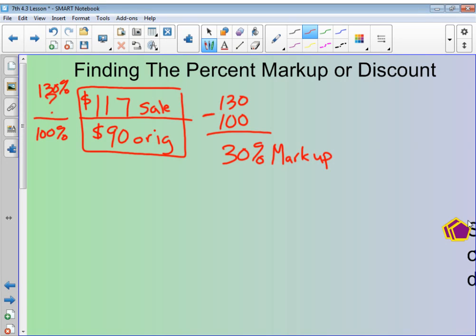If you're ever confused and you take 100 minus 130, it's going to show you negative 30 on your calculator. So the key thing is you're still subtracting between the percent that you found and 100 when you're working with markups and discounts.